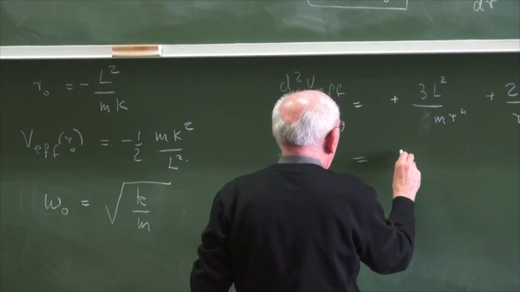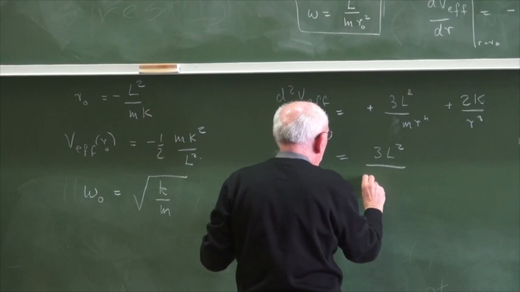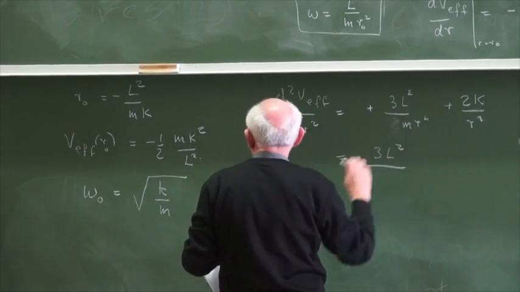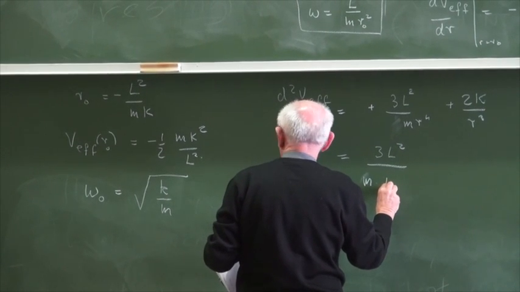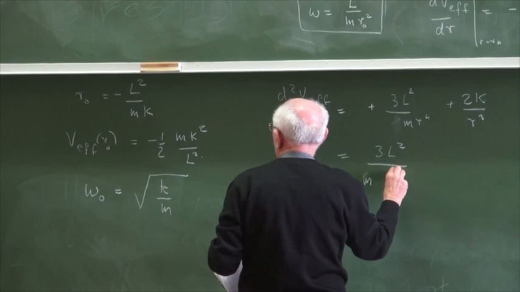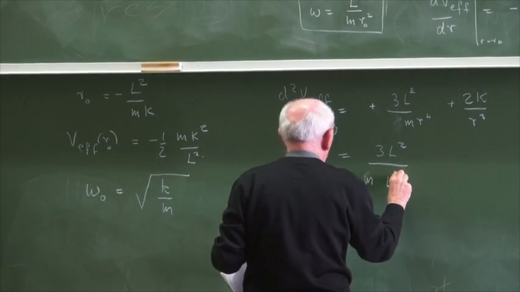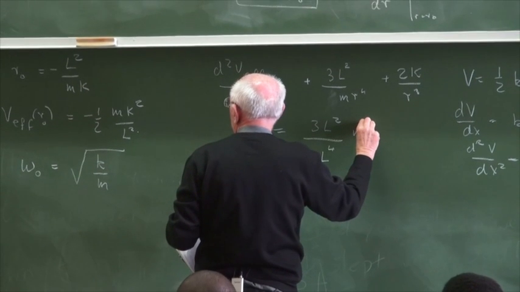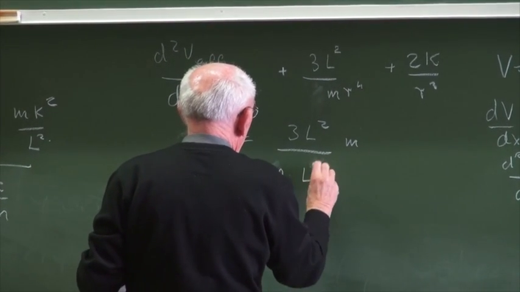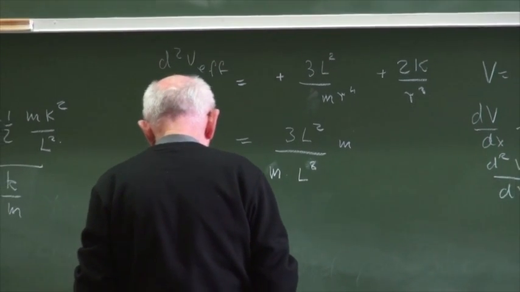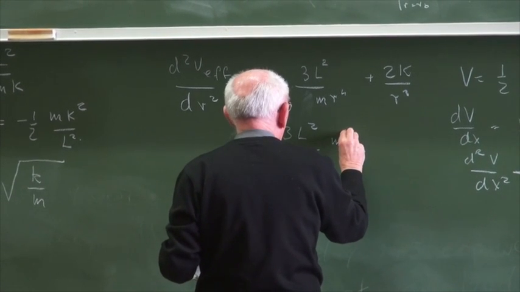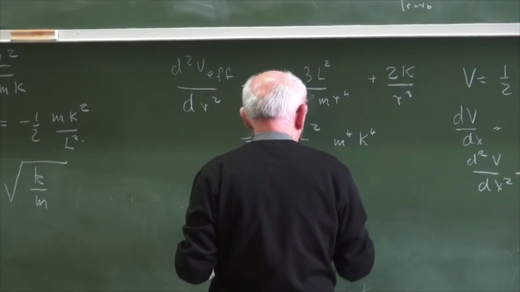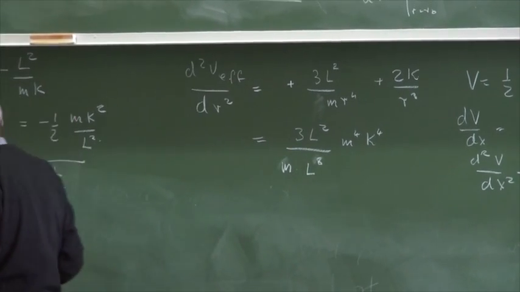So we have 3L squared over m, and now R0 to the fourth gives me L to the eighth down there, and then m to the fourth, k to the fourth. I hope this comes out right.